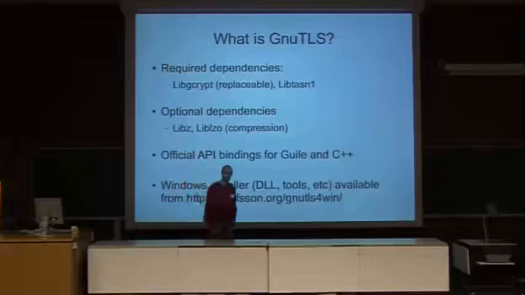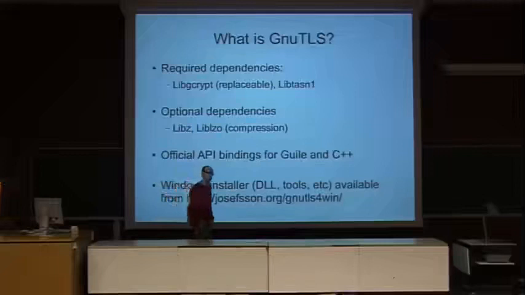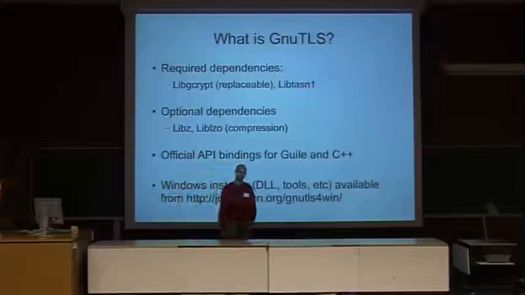So GNU2LS depends on Werner Koch's libgcrypt for low-level encryption. In the latest stable branch, it's possible to replace libgcrypt on a per encryption algorithm basis. So if you want to plug in your favorite implementation of AES, that's possible. Or if you want to use hardware-assisted encryption, that's also possible.